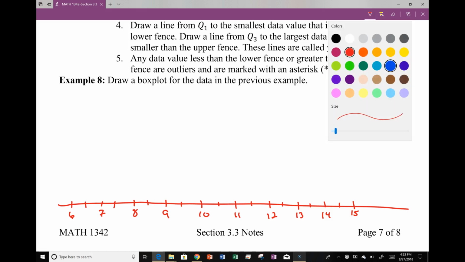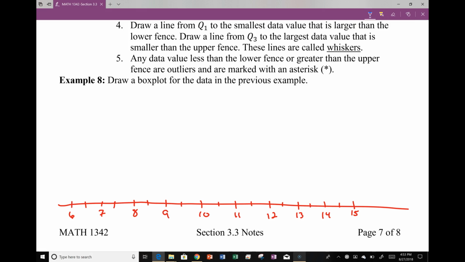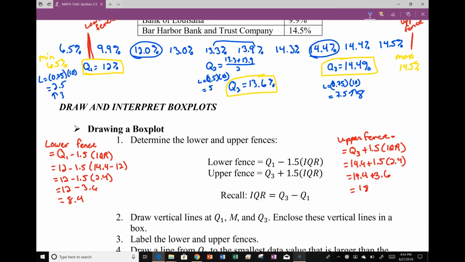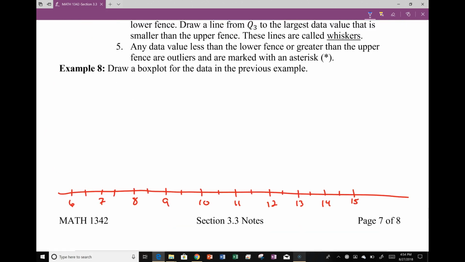And so when drawing this, I'm going to draw a vertical line at Q1, at Q2, and at Q3. So Q1 was at 12%. So I'm going to come down here and I'm going to draw a vertical line. I tend to go ahead and label it Q1. At Q2, it's 13.6. So here's 13.5. Here's about 13.6.